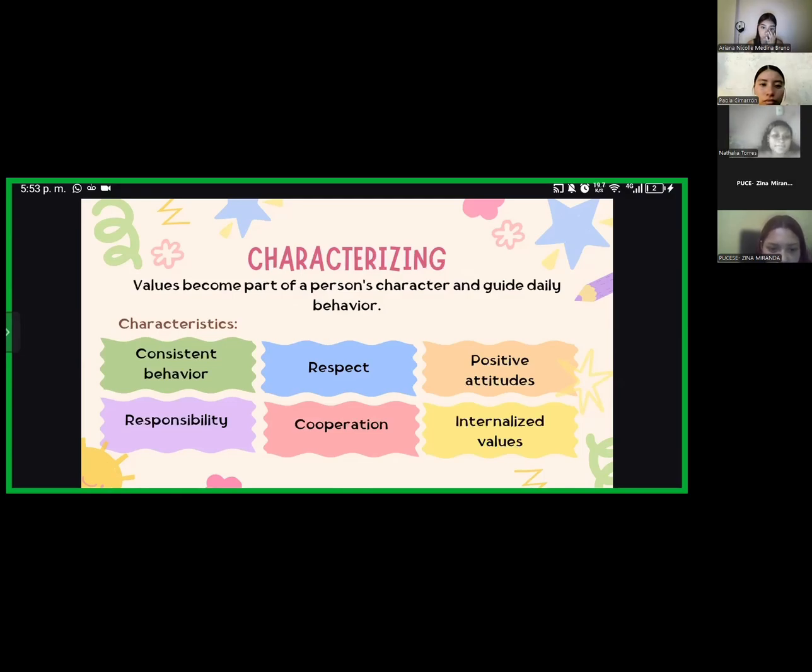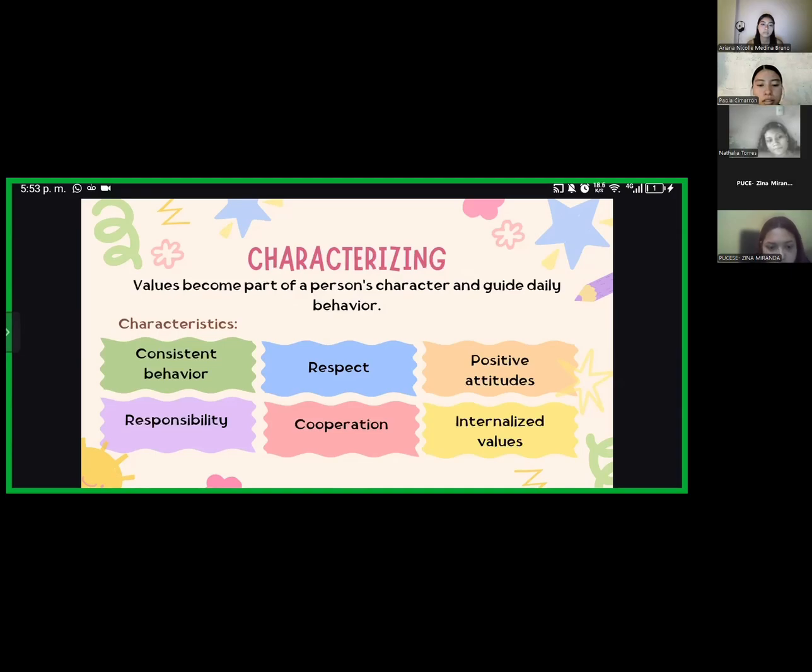Students consistently demonstrate positive values because they truly believe in them, and not because the teacher reminds them or offers a reward. Some characteristics of this level include responsibility, respect, empathy, cooperation, honesty, self-discipline, and kindness. These behaviors become natural habits that the students show every day.